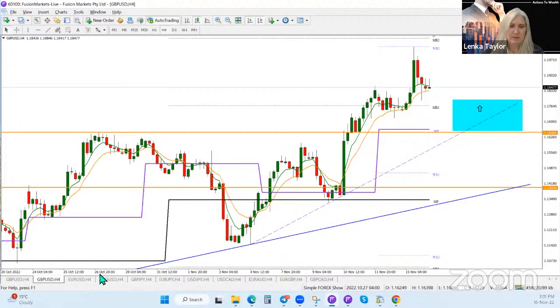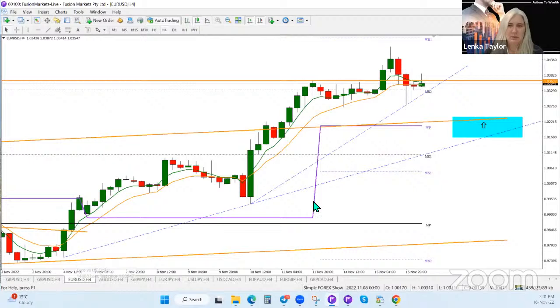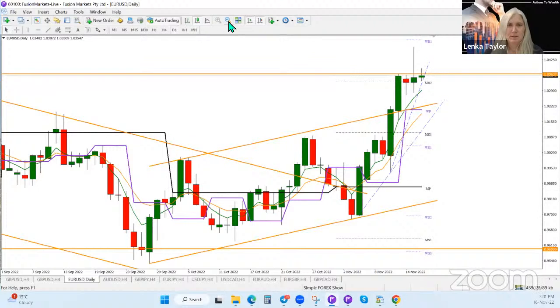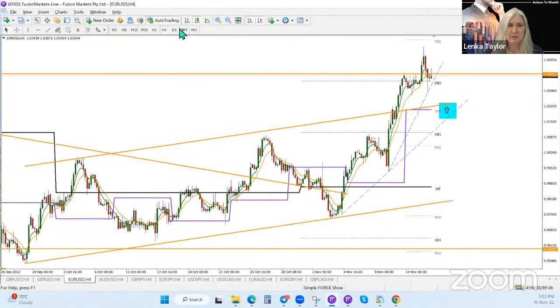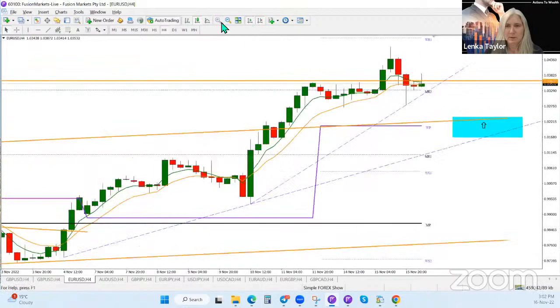The next currency pair I'm looking at is Euro USD. And here I'm also looking for long opportunities. We are currently at the top of that range. It sort of doesn't make sense, but we have two closes above, and now a pullback, a bit of a rejection.